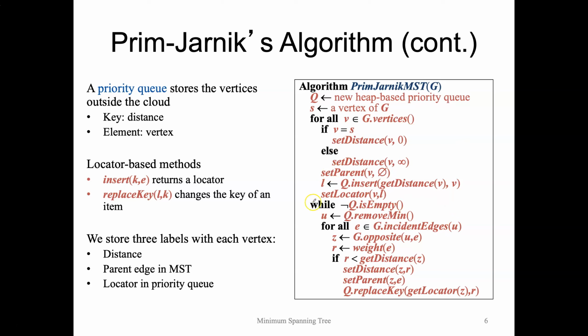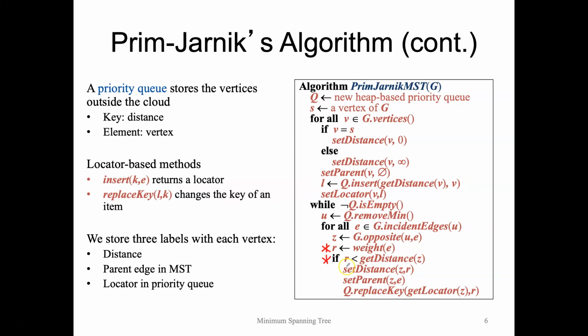And then we'll go through every vertex which is not in the cloud, meaning this vertex is in the priority queue, and take whichever one has the smallest distance label and relax all edges which are incident to it. The only difference here is in how we relax an edge.